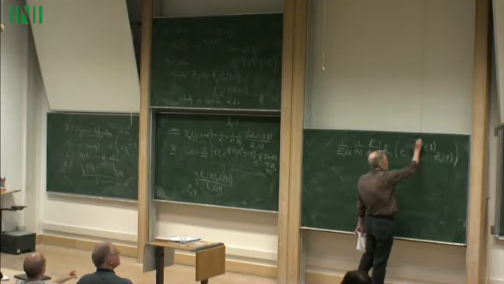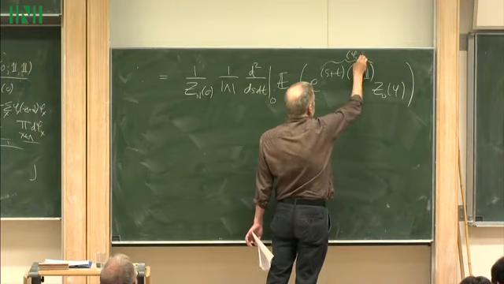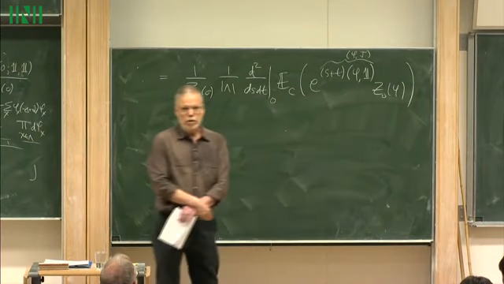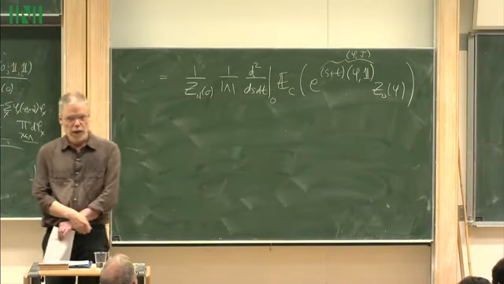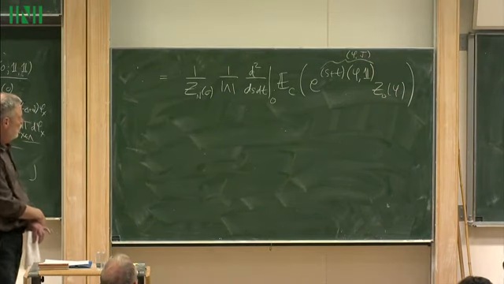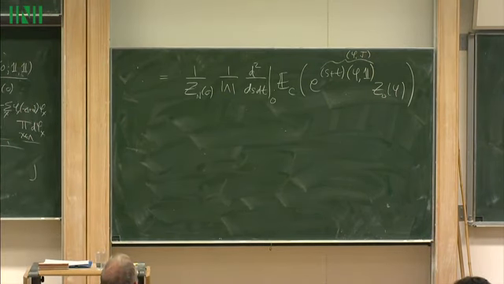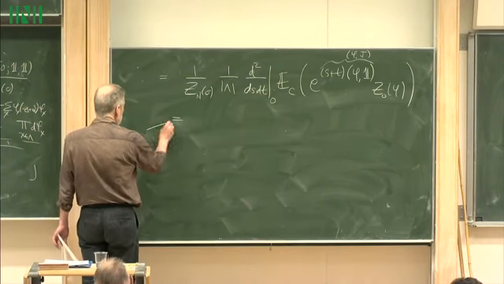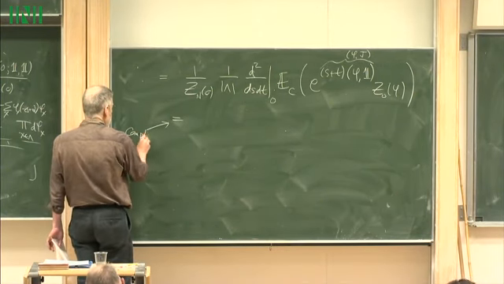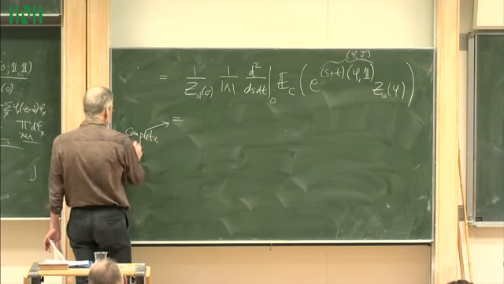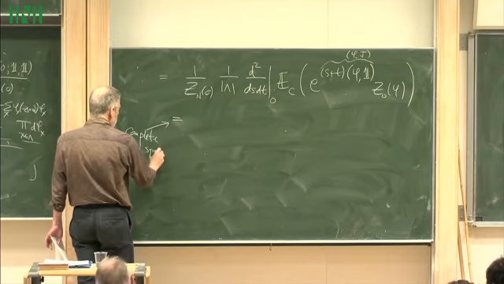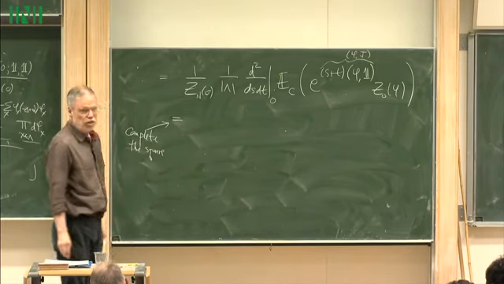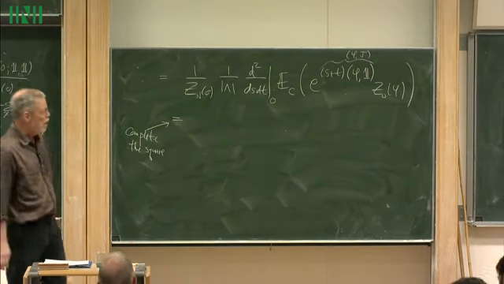Now this I want to regard as just phi being paired with some external field j. There's a standard trick in dealing with these Gaussian integrals of completing the square to get rid of a linear term like that. If you complete the square up in the exponent of the Gaussian integral, it's just a translation of the field phi.